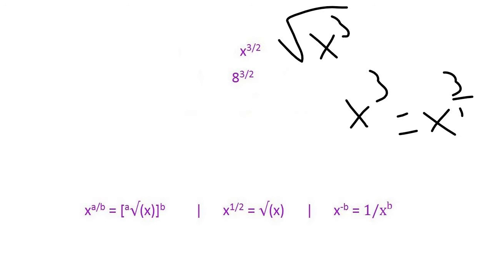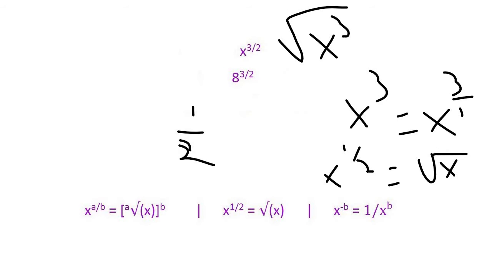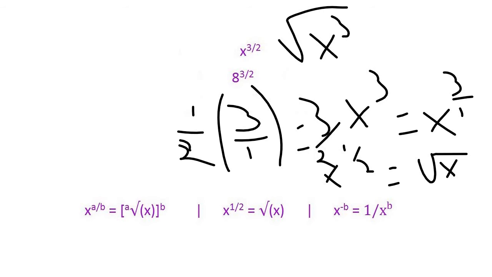And if we have x to the 1/2, that's equal to root x. So if we have 1/2 multiplied by 3/1, that is equal to 3/2, which is our exponent.